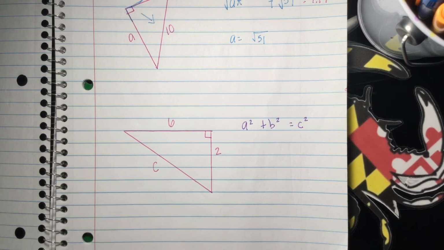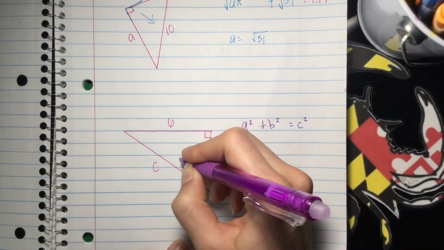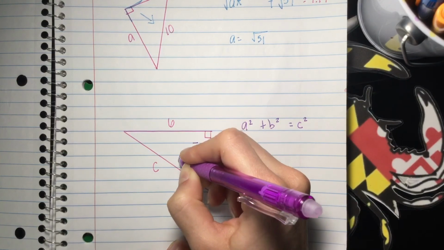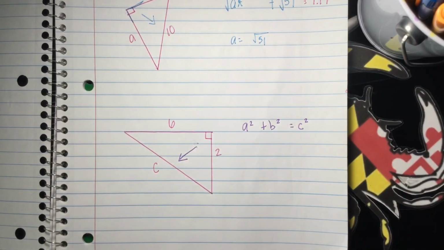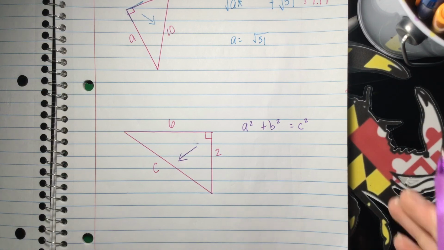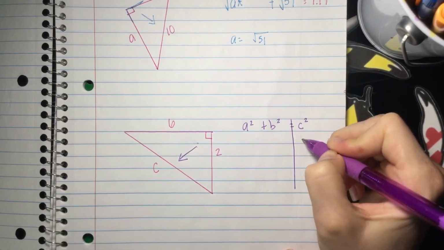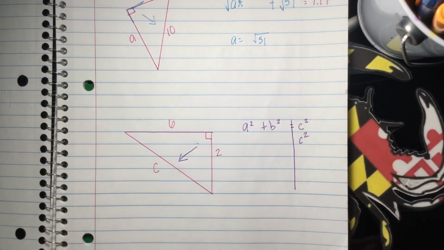And remember, the hypotenuse is across from the 90-degree angle. So my hypotenuse is just c. And sometimes it might have different letters like x or m. The variable is not always going to be a, b, or c. So I'm just putting that out there.